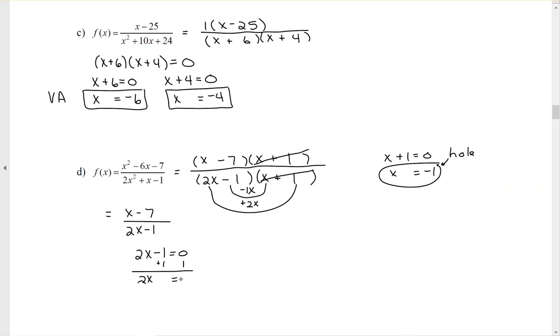So 2x equals 1, or x equals 1/2. So at x equals 1/2, that's your vertical asymptote. And where it canceled out, that's where you had a hole.